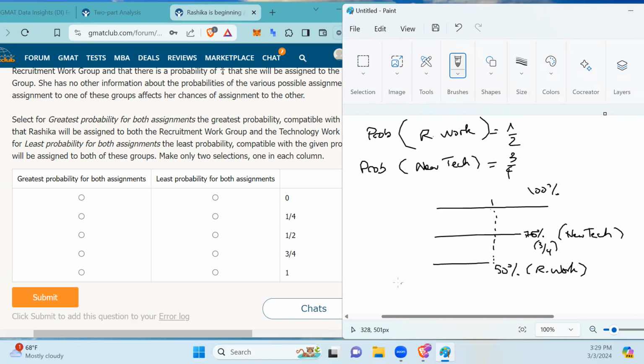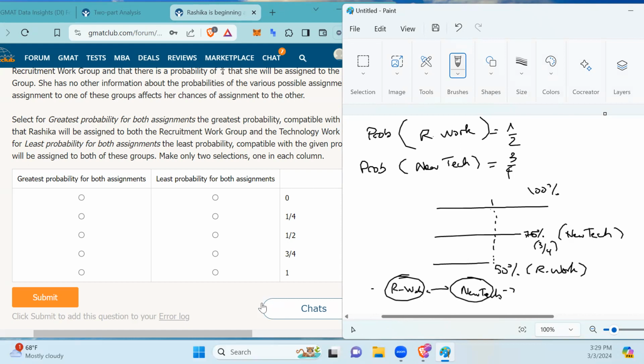So we can think of this as her probability for getting into recruitment work, and this is her probability for getting into new tech. We don't know any relationship between these two. So if they are completely separate, not related to each other, then there's no chance that she's going to get assigned to both.